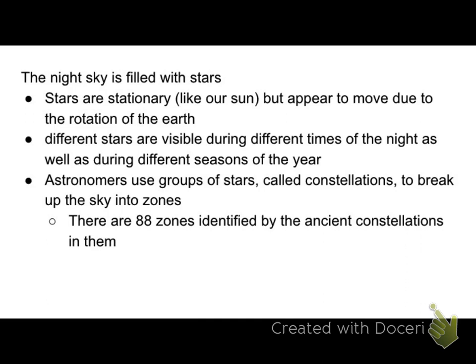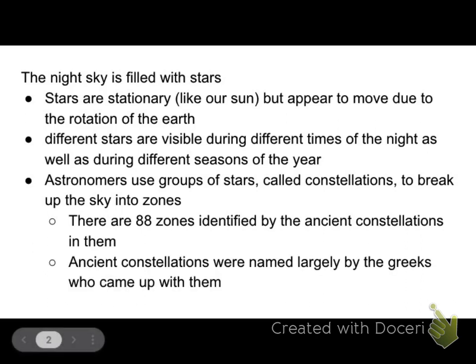And today's scientists use those 88 constellations to break the sky up into 88 different zones that are named after the constellations that are in them. And this helps astronomers from around the world communicate which portion of the sky they are looking at to other scientists, because otherwise it would be very difficult to tell them where you are looking.